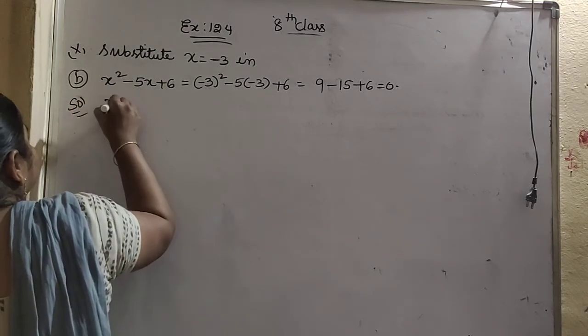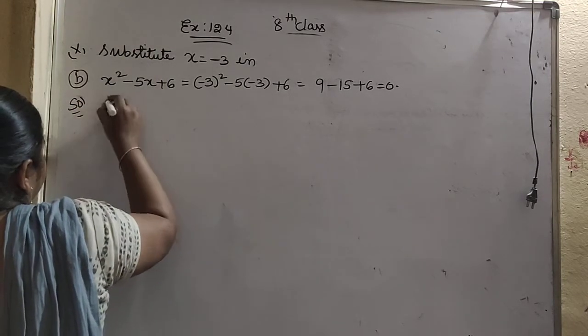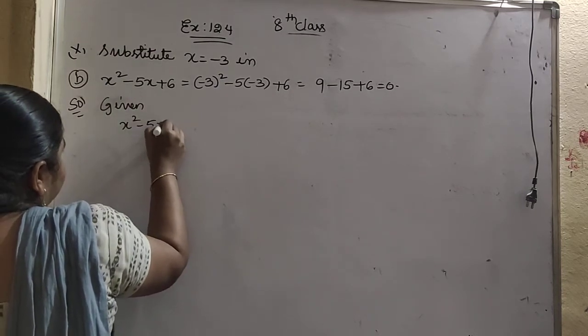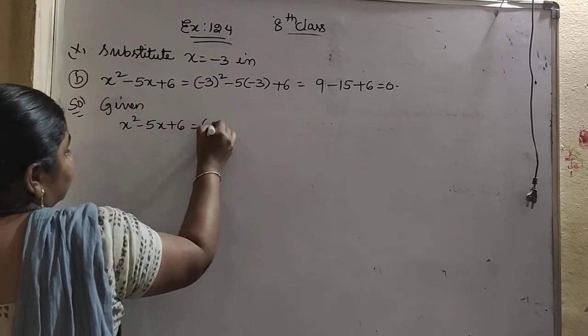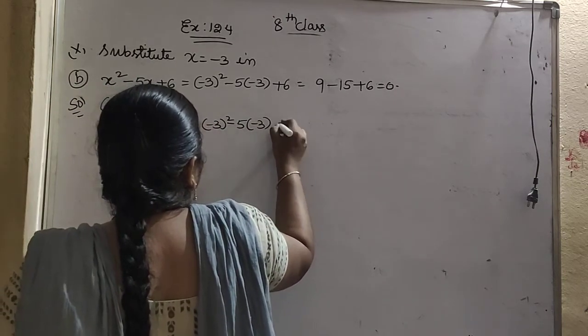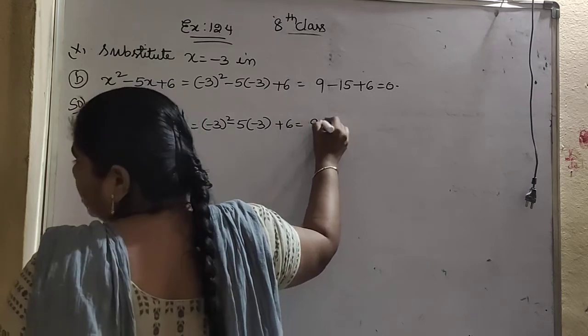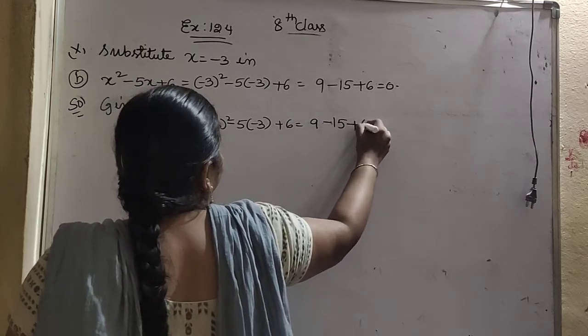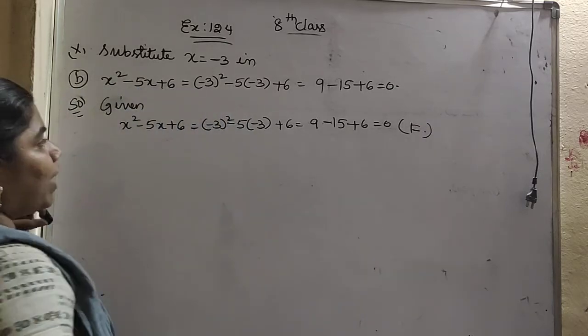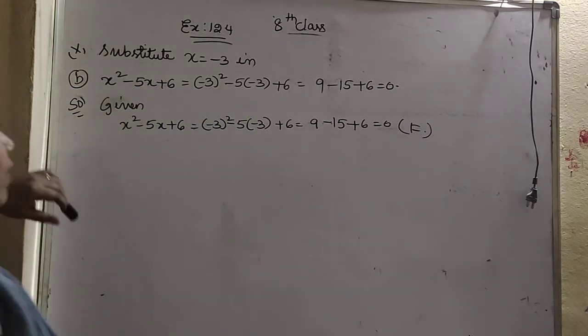Whether it is a true condition or false condition, we have to see. So this is a false condition, and why it is false, we have to check.